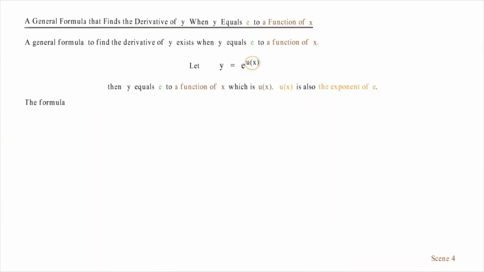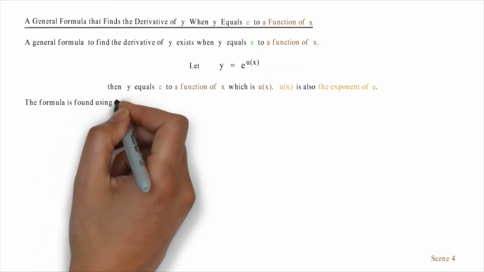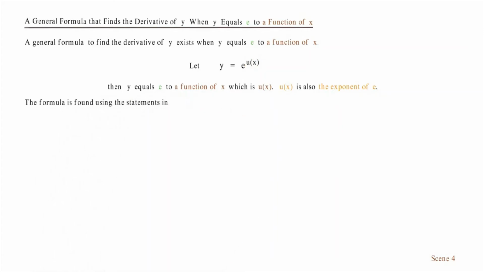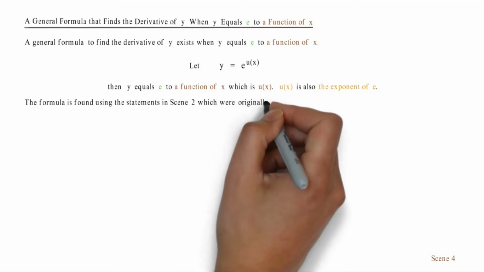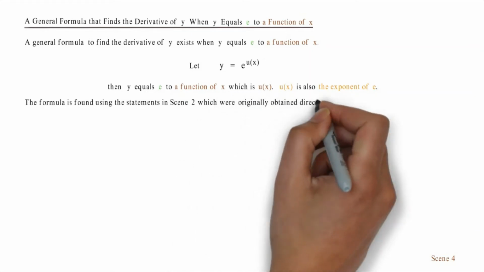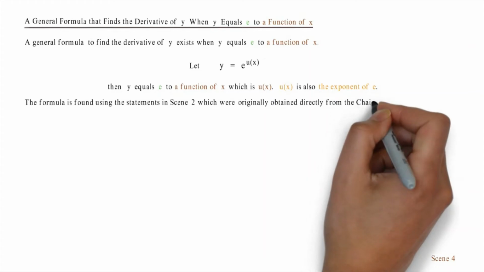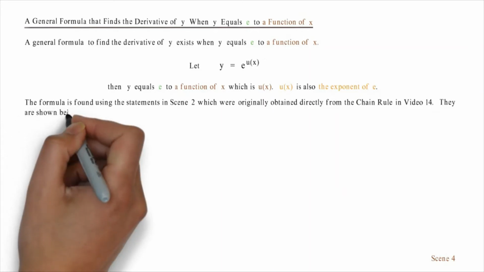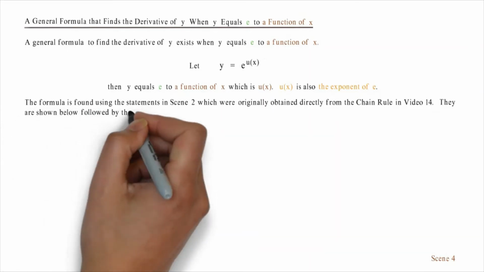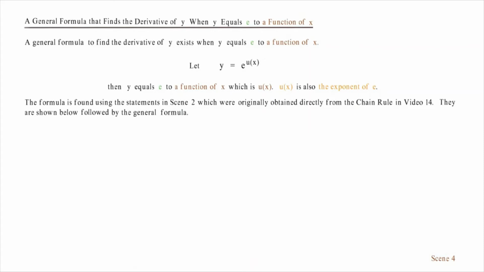The formula is found using the statements in scene 2, which were originally obtained directly from the chain rule in video 14. They are shown below, followed by the general formula.